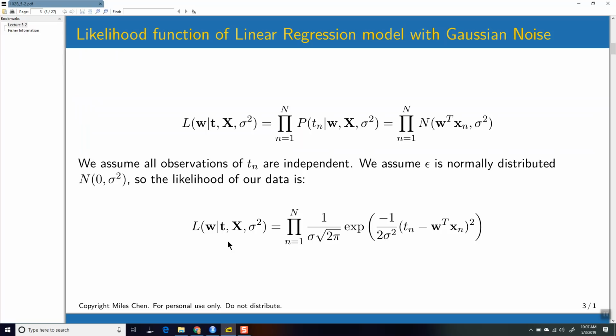That our values are coming from a normal distribution. Just focus on this part here. Our values are coming from a normal distribution where the mean follows that straight line defined by linear regression or multiple linear regression. But the values themselves are random in that they are randomly distributed with some kind of noise sigma.